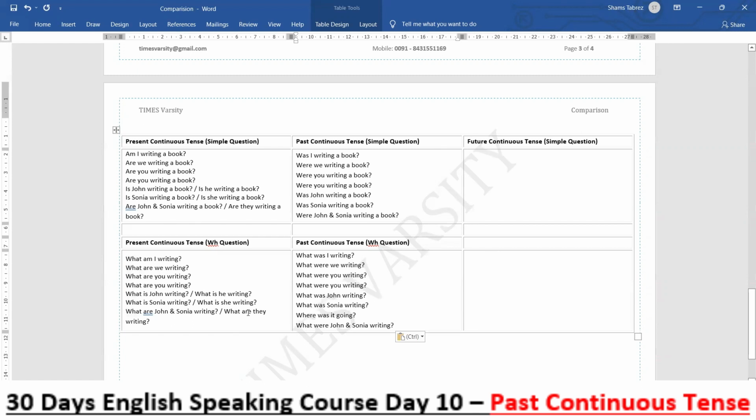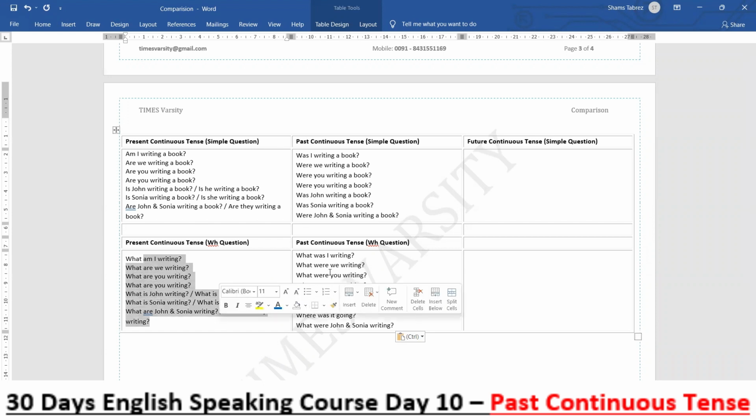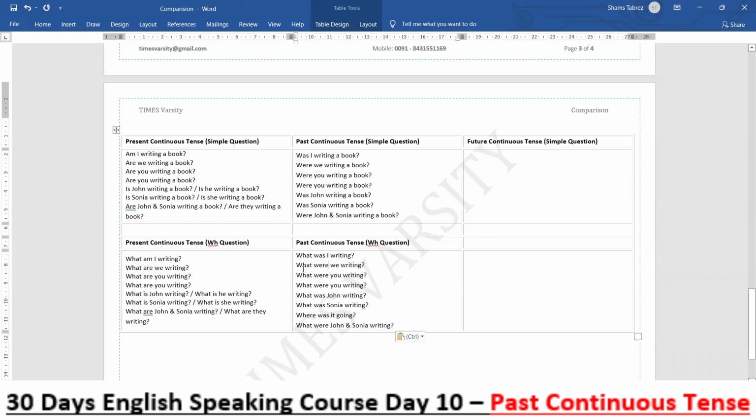All right. Now, these are the present continuous WH questions. The question starts with WH word and the required helping verbs are used. However, in past continuous WH question, here also it is starting with WH word, then helping verb and remaining sentence.